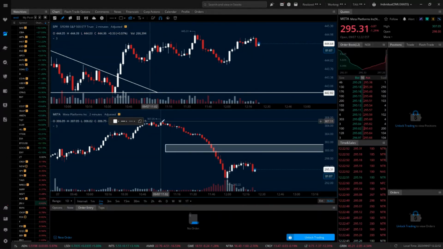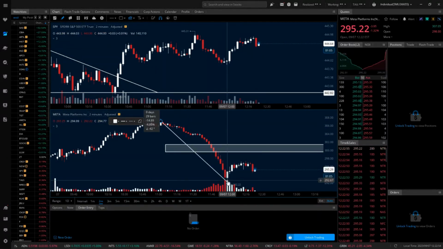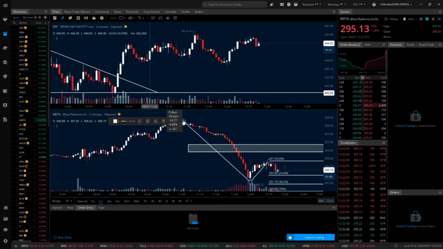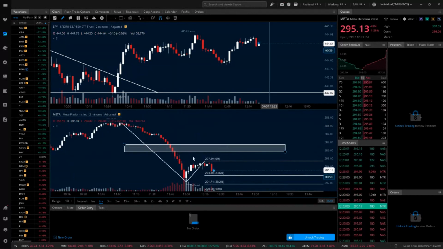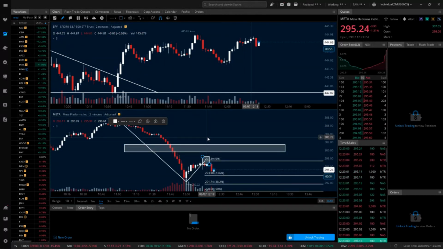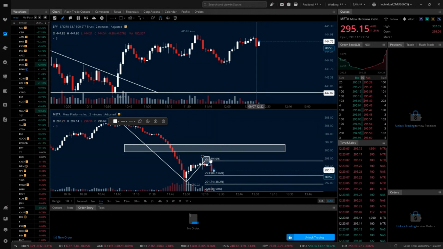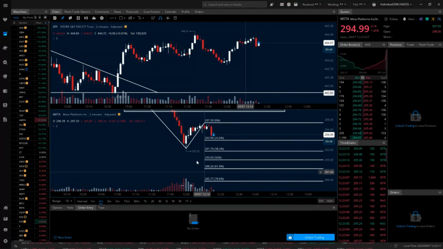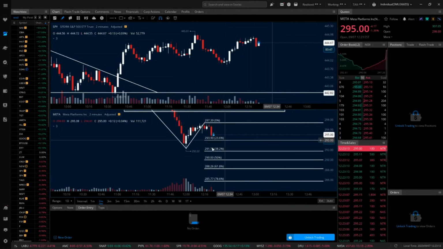Now, if I know exactly where that retrace actually pulled up to after the fact, obviously we want to wait for it to validate and all that good stuff, then we could draw that third point, which just for the sake of demonstration happens to be right here, which gives us their respective targets that we can expect for that continuation.